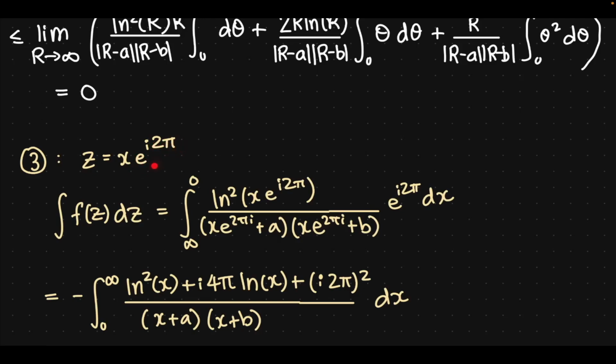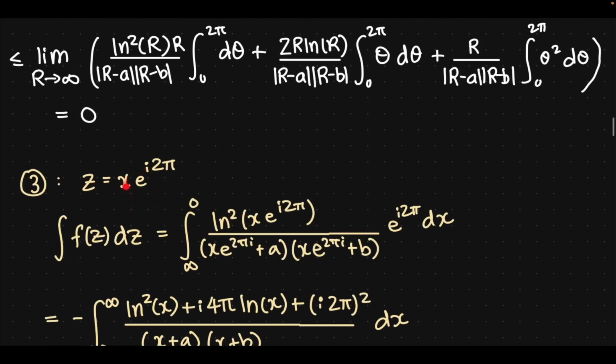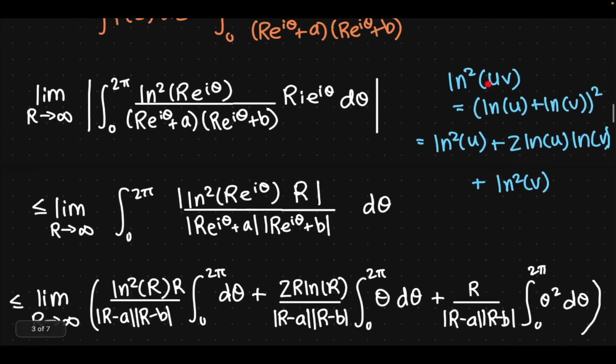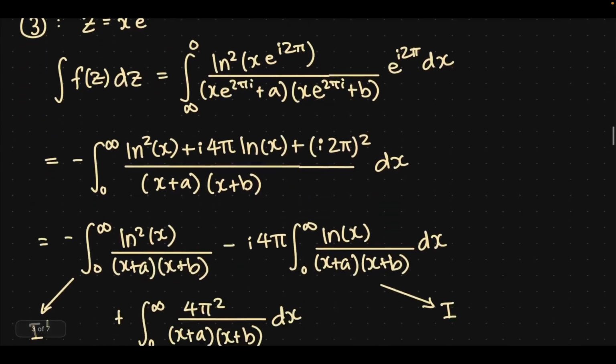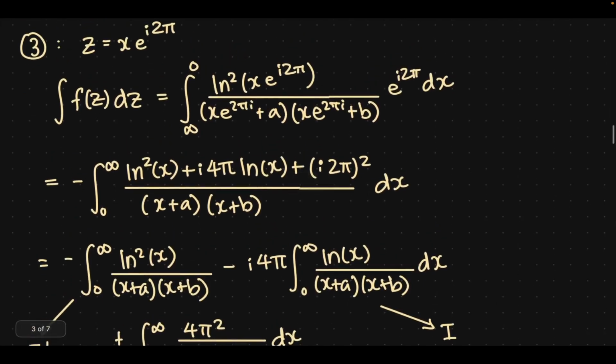You might say this is just x, but we need this in order for the branch cut to make sense for the natural log, because the natural log will actually split up nicely. We can write ln squared of x times e to the I 2 pi using the ln squared of a product identity that I've written in blue here. So that becomes ln squared of (ln x plus I times 2 pi).